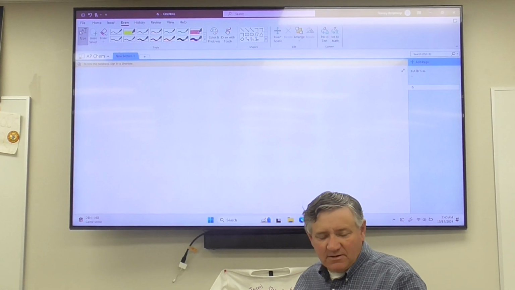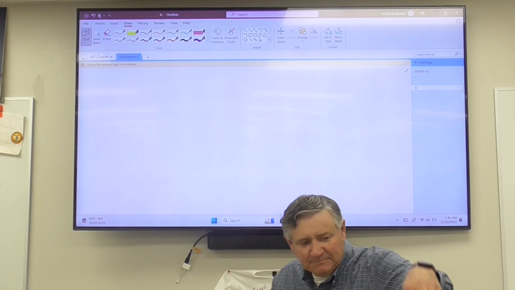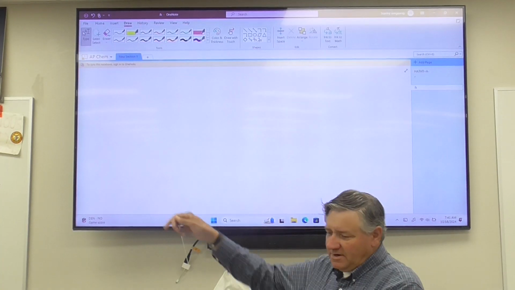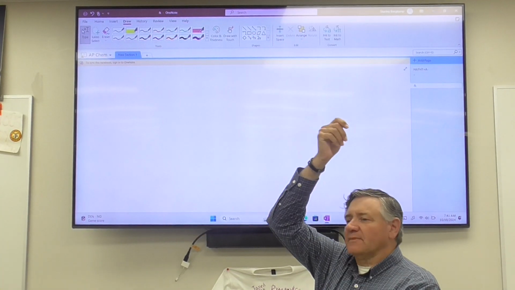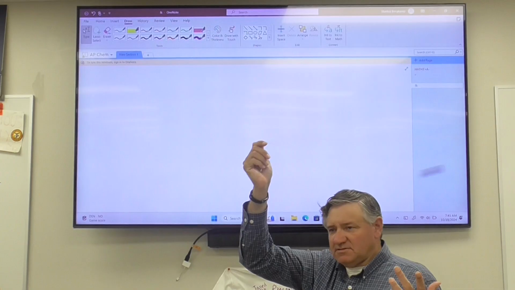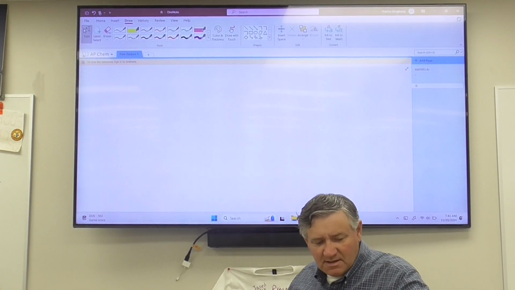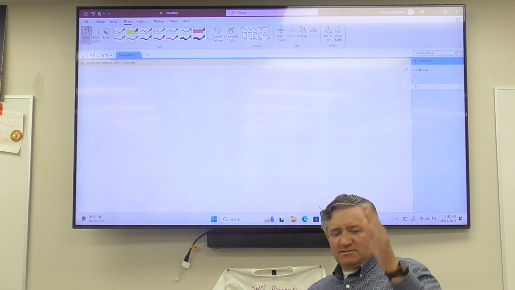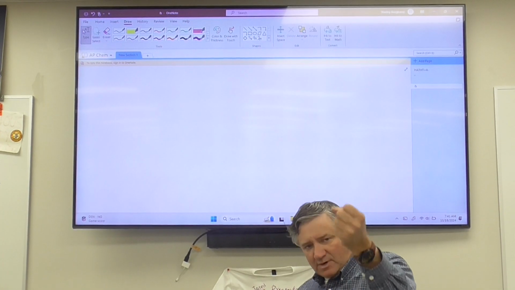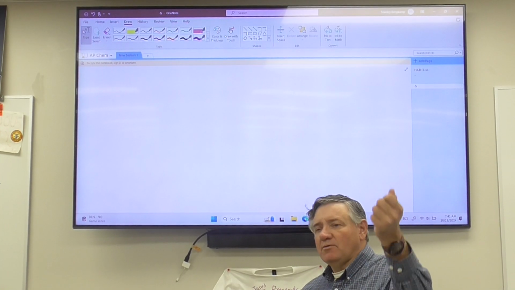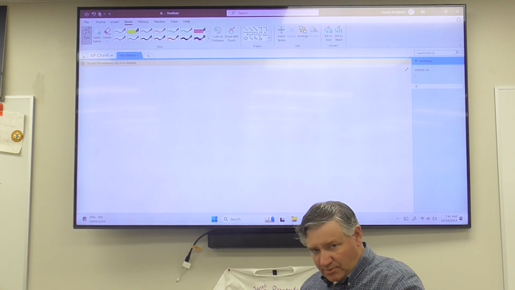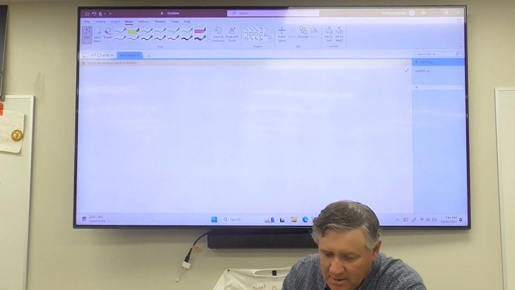Okay, so here's what you all did. You took a rubber stopper, you swung it around over your head, and there are certain key assumptions that you make. On the beginning part of the data analysis, you assumed that the weight of whatever was hanging down was what was creating the centripetal force, okay?